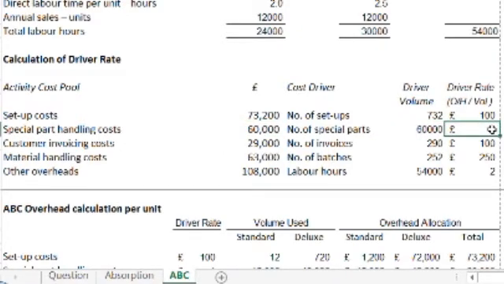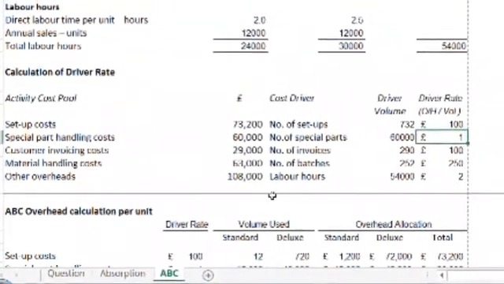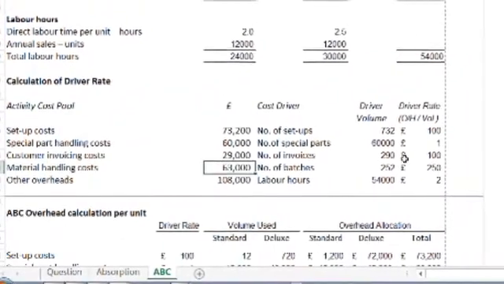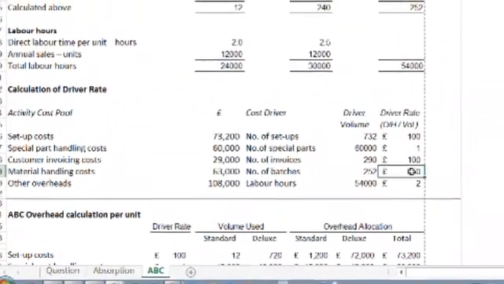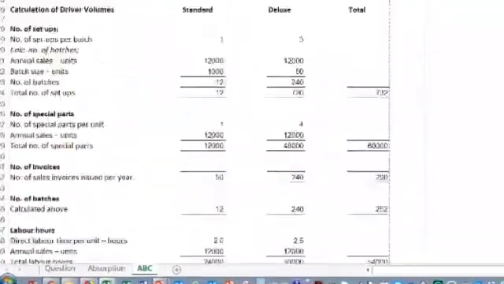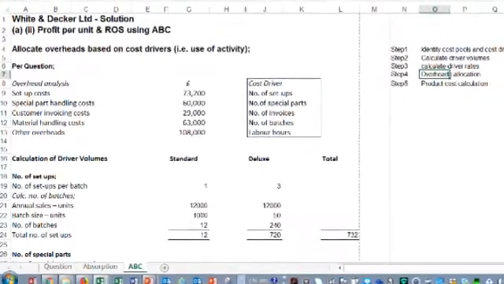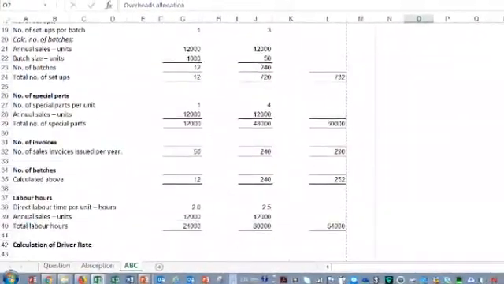So that means each special part would require 1 pound to be allocated, and we do it for all the others as well using the same, that this one divided by the volume, and we get the driver rate. Now we have done driver rates. Now we move to overhead allocation using these driver rates.